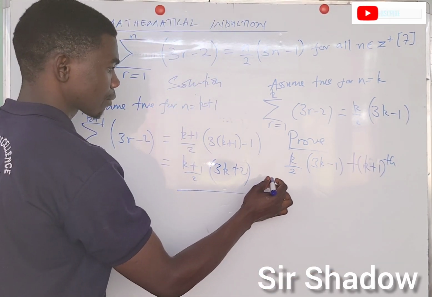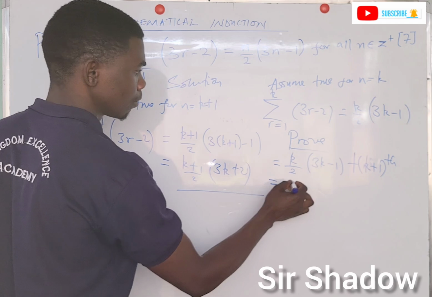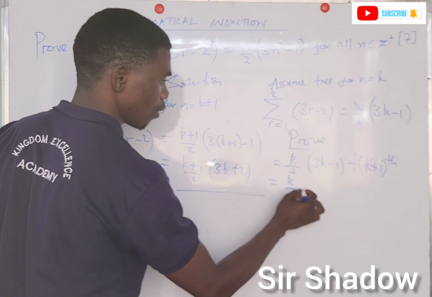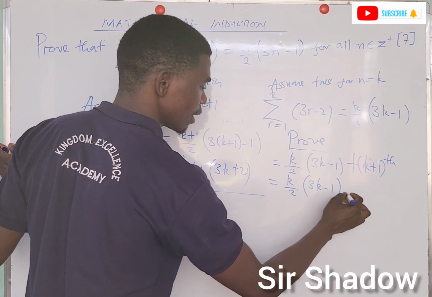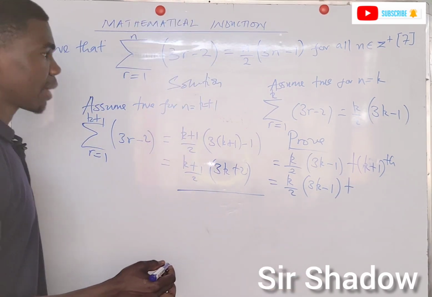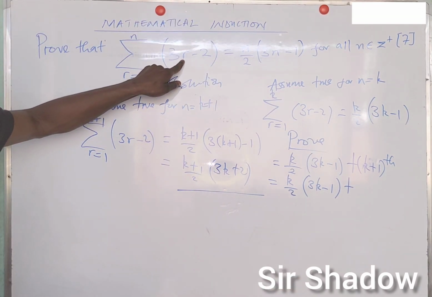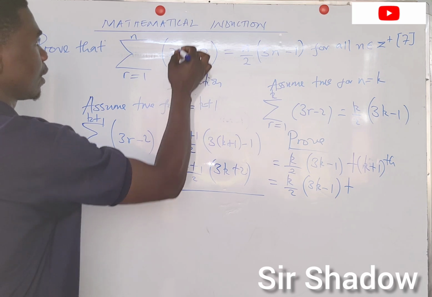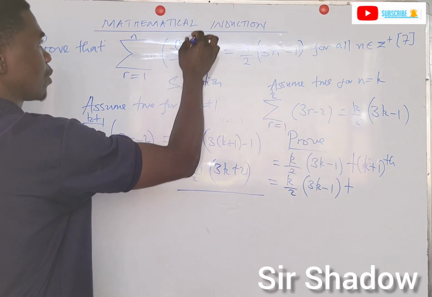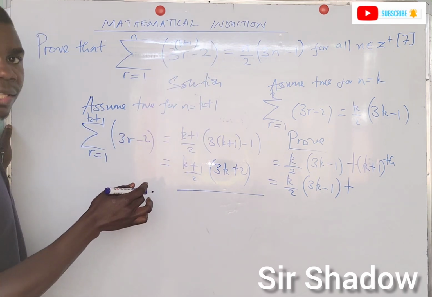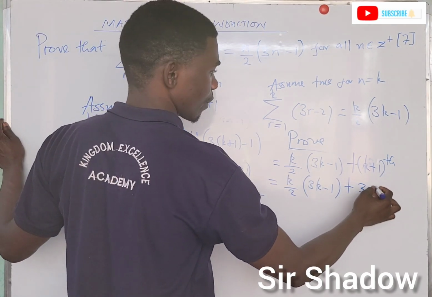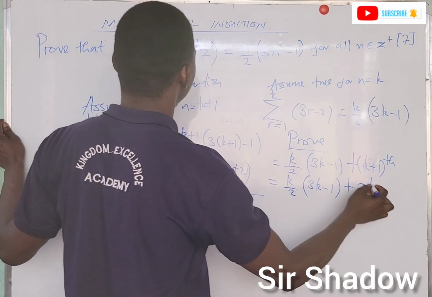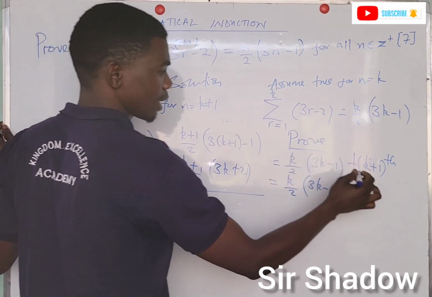So we are saying this is equal to k over 2 multiplying 3k minus 1, plus, remember, k plus 1 the term, substitute here, so it becomes k plus 1. So 3 is multiplying k plus 1 the term. So 3 is multiplied by k, we have 3k, we have 3k plus 3 minus 2.